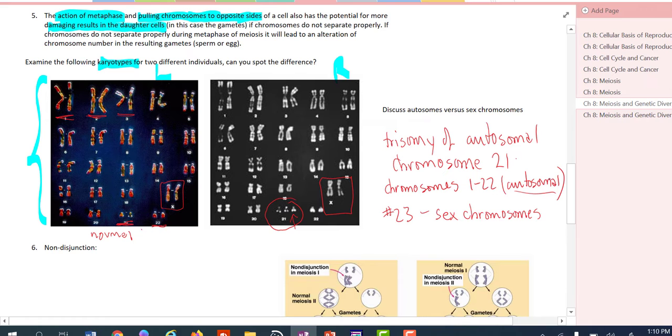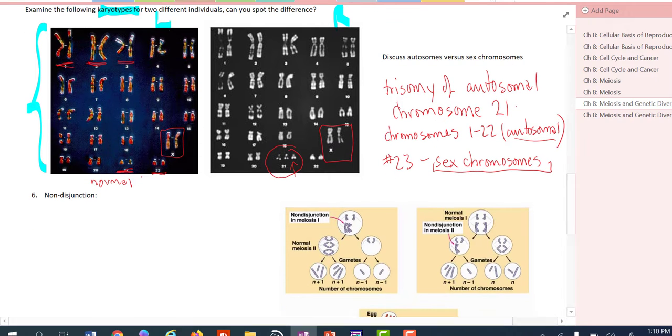Whether it's our reproductive organs, penises, vaginas, testes, ovaries, etc., as well as those secondary sex characteristics: broader shoulders, deeper voice, more hair, etc. So they have certain characteristics that are non-gender determination, but also they carry the genes that determine our sex, primary and secondary characteristics.